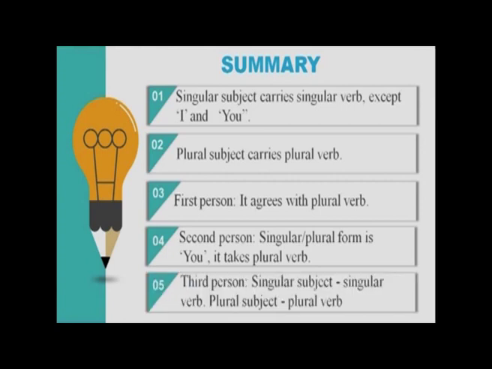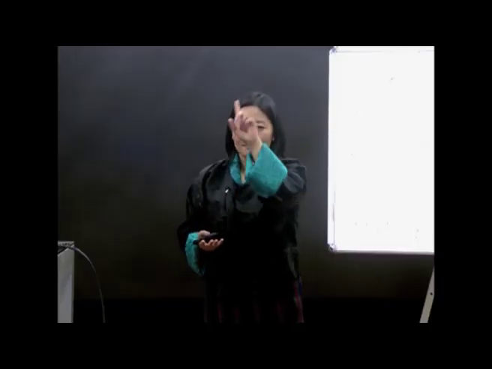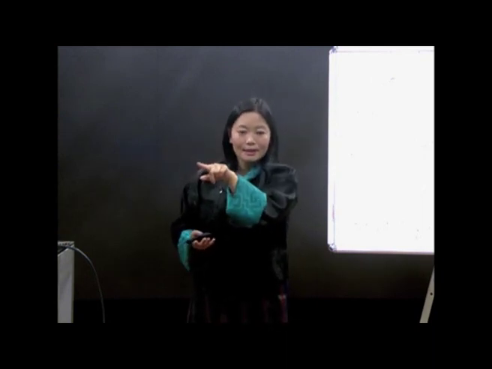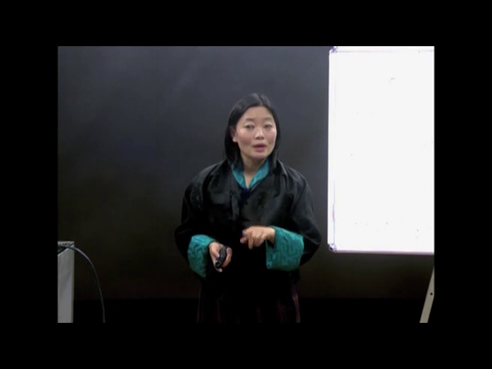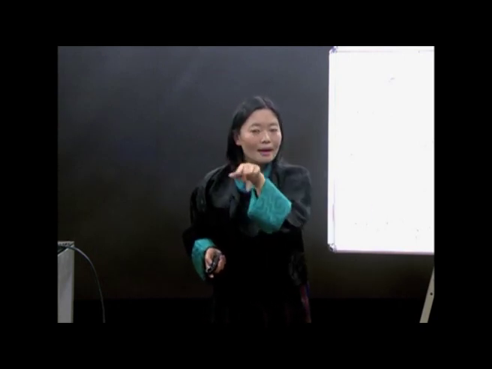And in third person, a singular subject will carry a singular verb and a plural subject will carry a plural verb. Apart from this, don't forget where we should add S or ES, and don't forget where to use ES when you change its form.